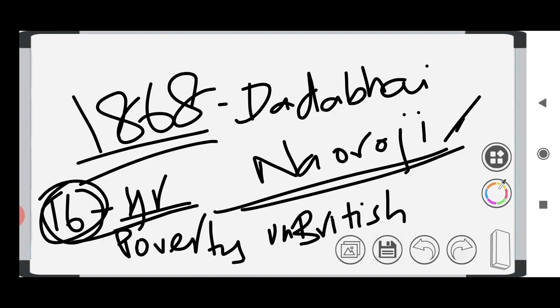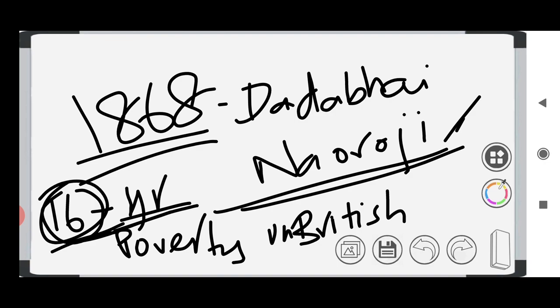If he is able to satisfy those basic needs, he is considered not poor. If he can buy rice, dal, mutton, vegetables, oil, salt and ghee, then he is considered not poor. By calculating the expenditure of these products, he arrived at this value of 16 rupees. This is what Dadabhai Naoroji said, and he did this poverty calculation first.